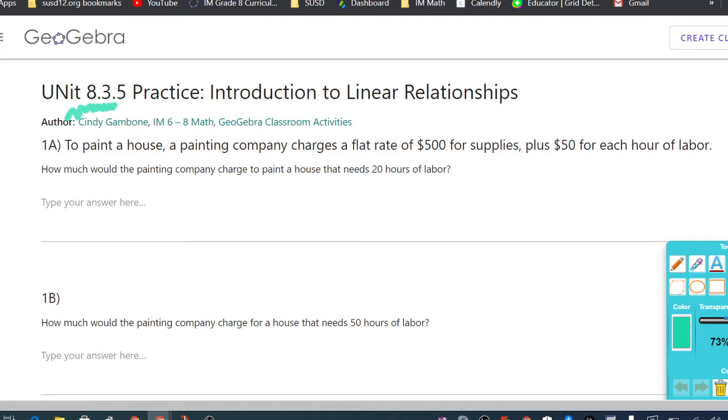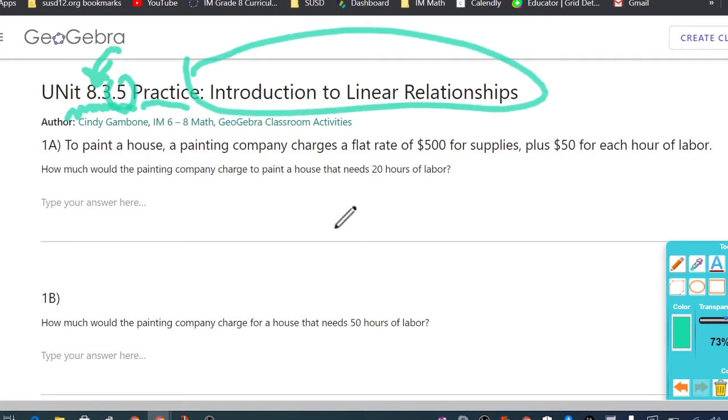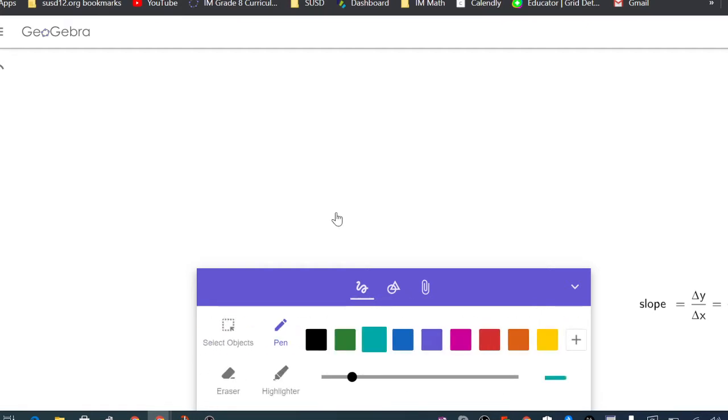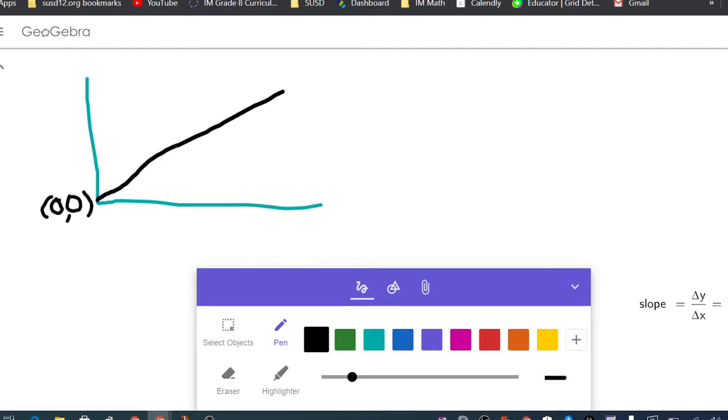This is Unit 3, Lesson 5, Practice. Here is an introduction to linear relationships. Previously, you learned proportional relationships. Proportional relationships start at (0, 0) on the x and y axis.